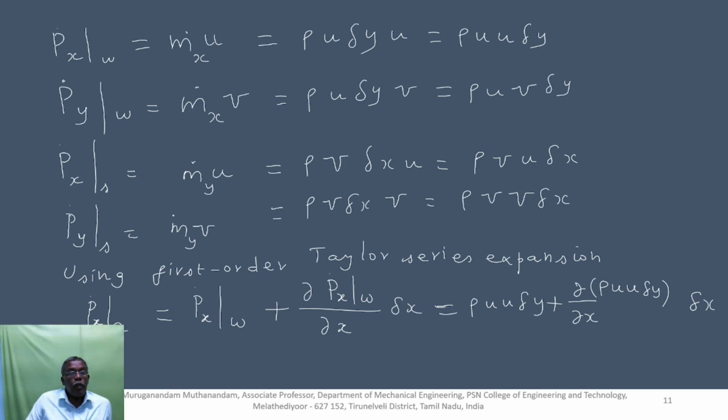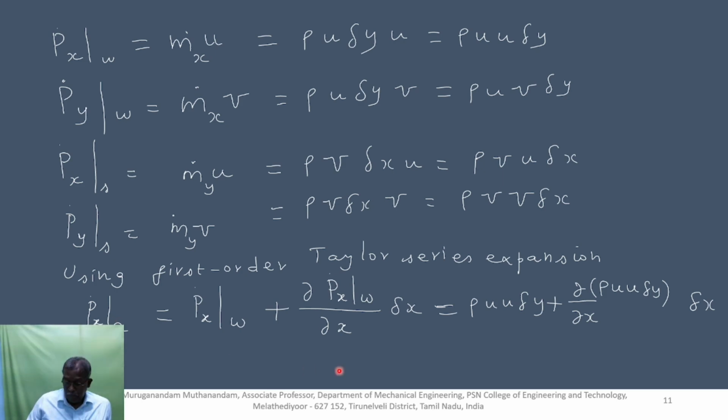Next, we are going to find out the momentum flow through the east wall and north wall. To find it, we use the momentum flows entering through the west wall and south wall and a first order Taylor series expansion. We use the first order Taylor series expansion to find the momentum outflow using the momentum inflow.